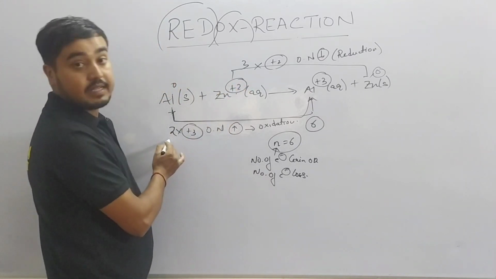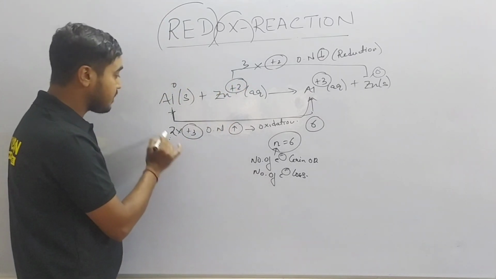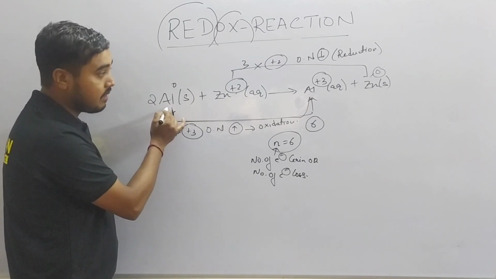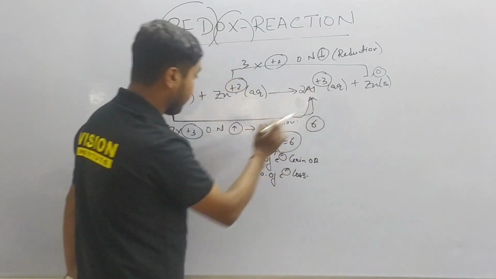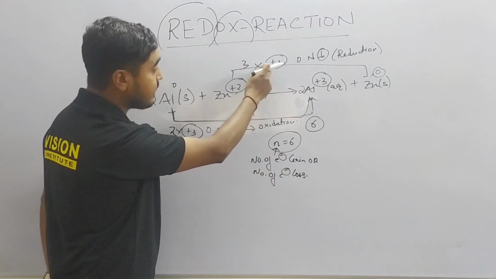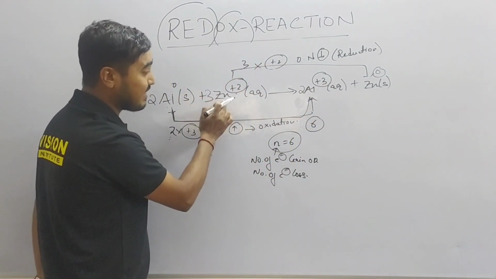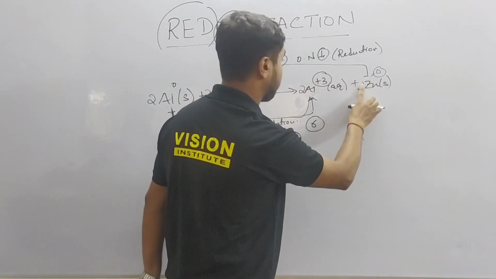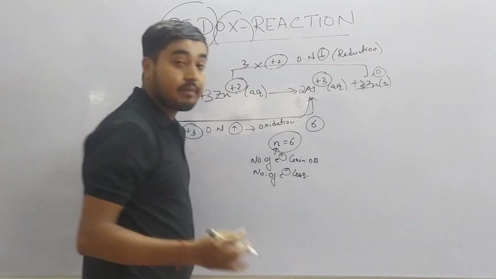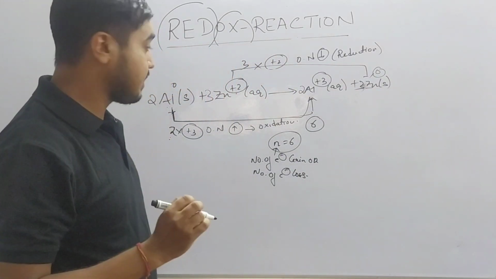If I'm multiplying by 2, this 2 has to be multiplied with aluminium as well as with Al3+. And if I'm multiplying by 3, this 3 has to be multiplied with this zinc and also with this zinc. In this way we can balance out the reactions.